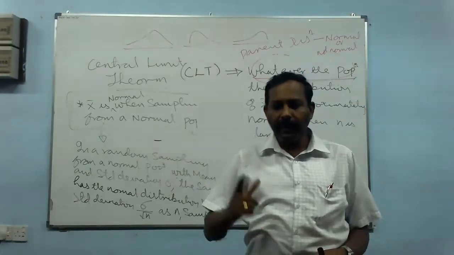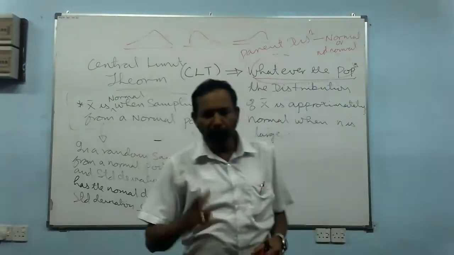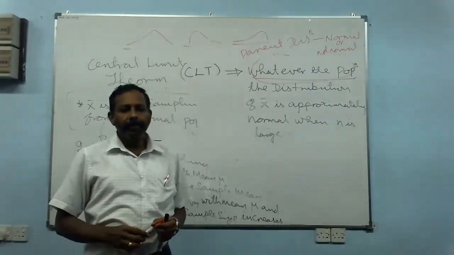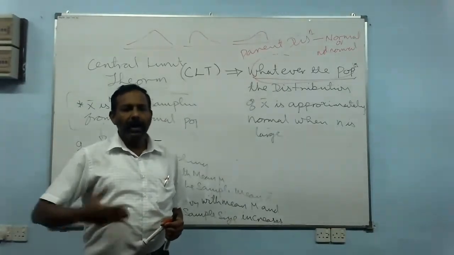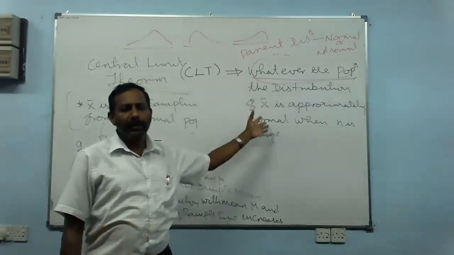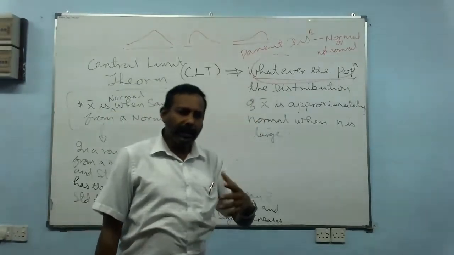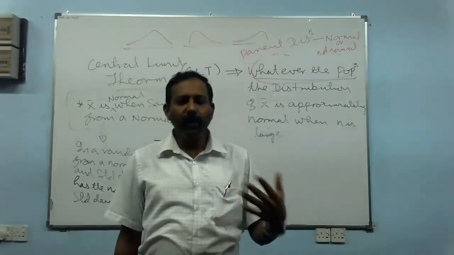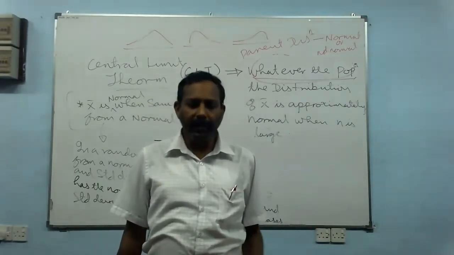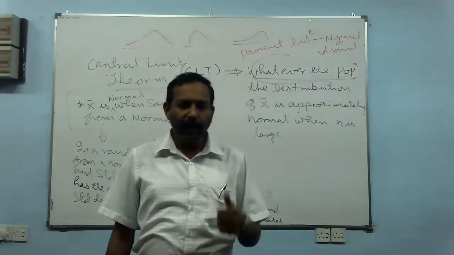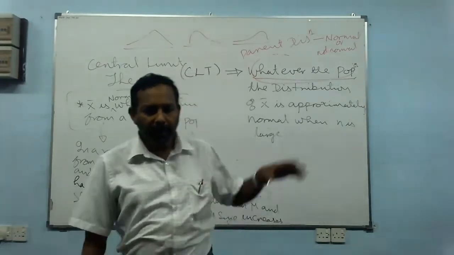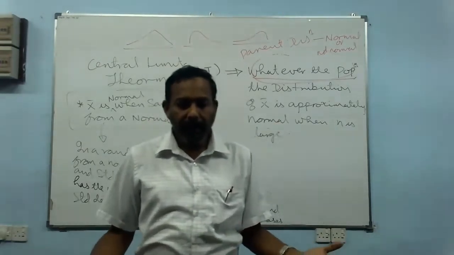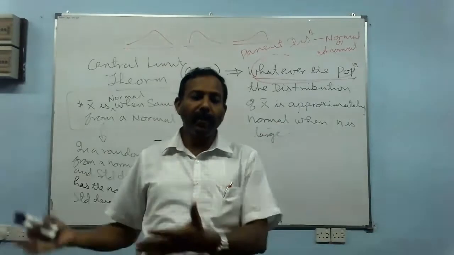Why we are worried about the normal distribution is that most statistical analyses are based on the normal distribution concept. If the sample is not normally distributed, then we cannot do most of the statistical procedures. So one of the assumptions is that the sample has to be normally distributed.